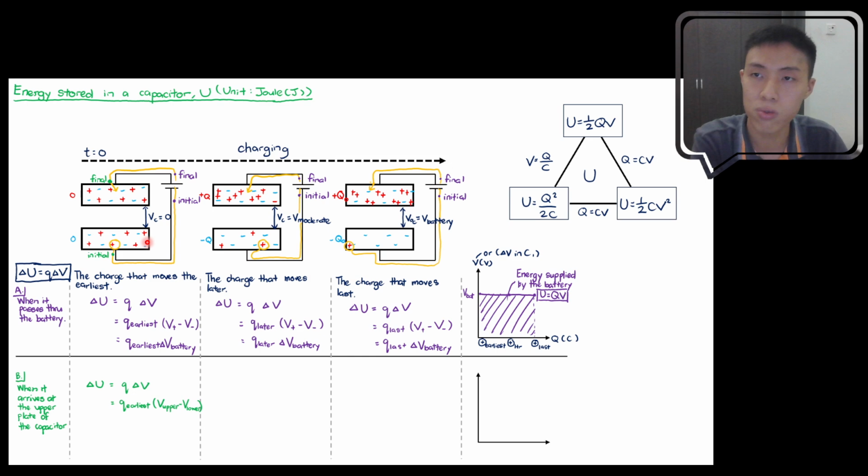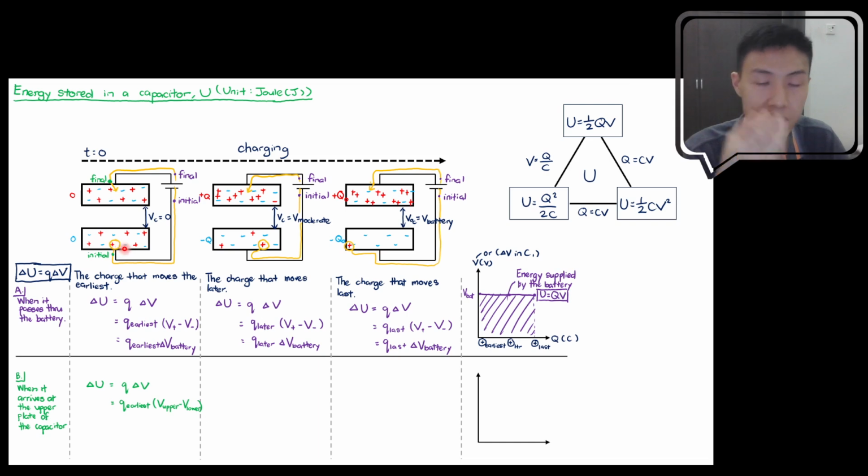Okay, but if you notice over here, V upper and V lower right now, because there's no charge stored across the capacitor, there's no potential difference at all across the capacitor, right? So the V_C right now is equal to 0. That means for V upper and V lower, there's no potential difference across them. Why is there no potential difference? Because there's no charge stored. So this value over here, V upper minus V lower, because there's no charge stored, the electric potential is the same for both plates.